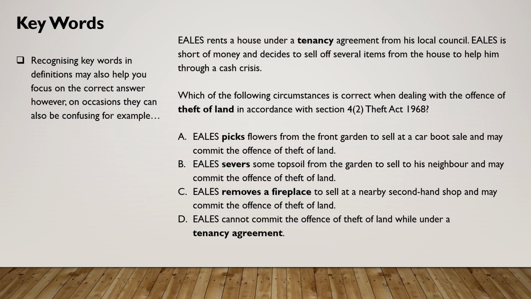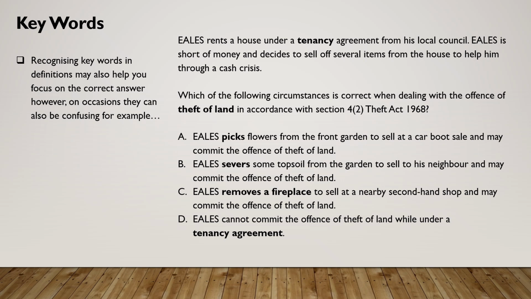Is it A, Eels picks flowers from the front garden to sell at a car boot sale and commits the offence of theft of land? Is it B, Eels severs some topsoil from the garden to sell to his neighbour and may commit the offence of theft of land? Is it C, removes a fireplace to sell at a nearby second-hand shop and may commit the offence of theft of land?